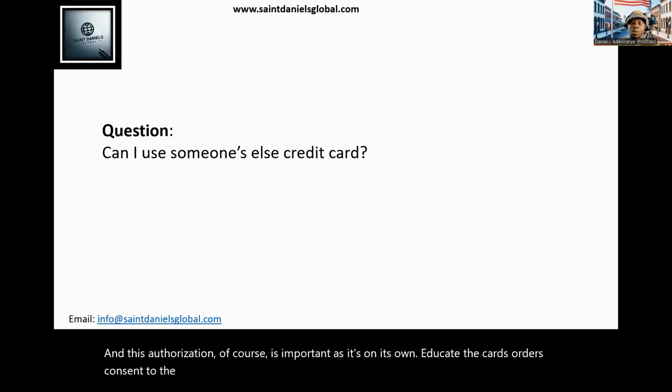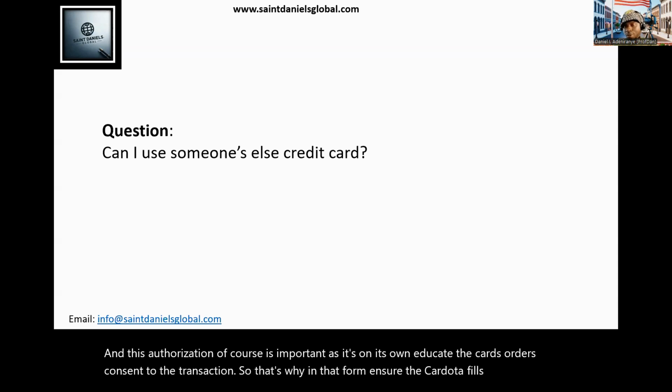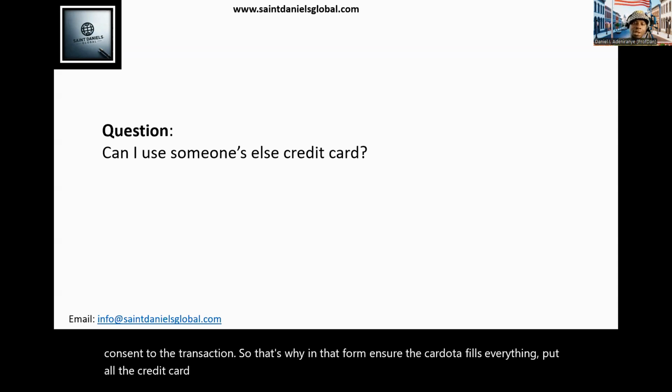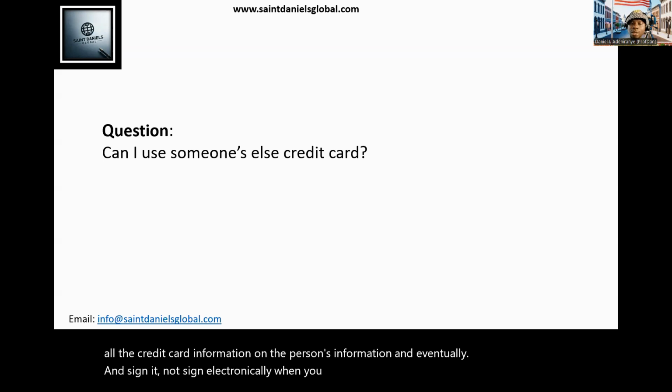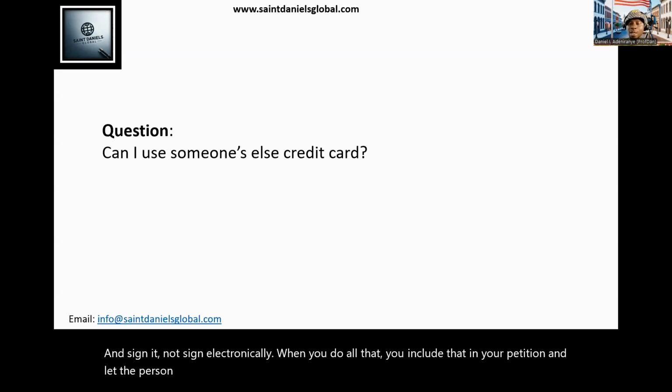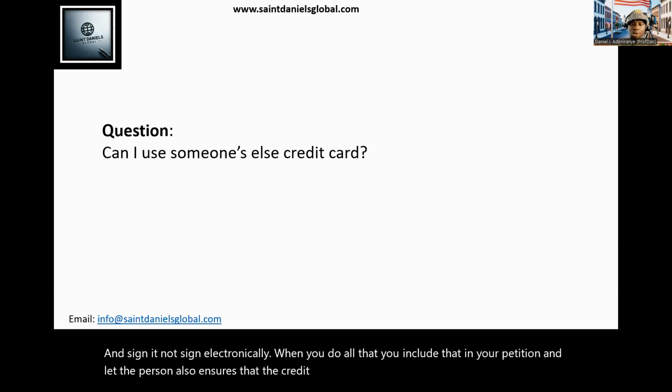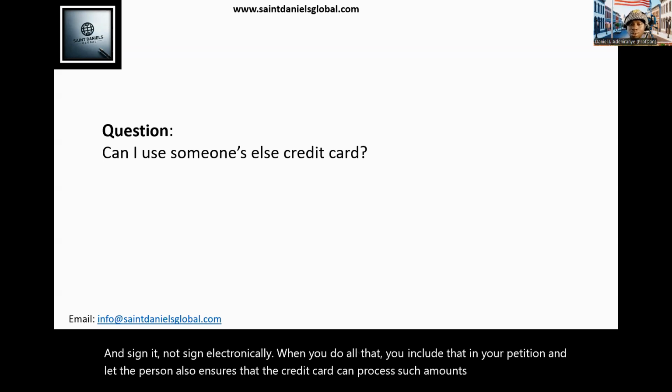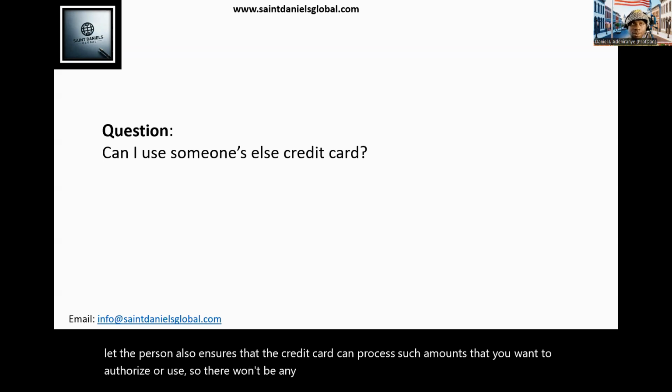So that's why in that form, ensure the cardholder fills everything, puts all the credit card information, the person's information, and eventually signs it, not signs electronically. When you do all that, you include that in your petition and let the person also ensure that the credit card can process such amounts that you want to authorize or use. So there won't be any issue.